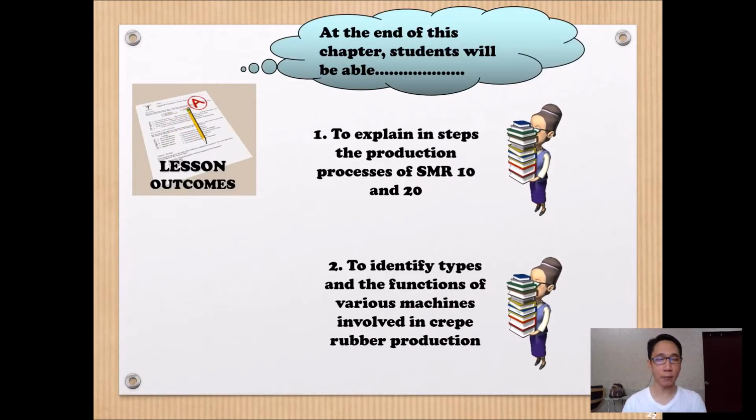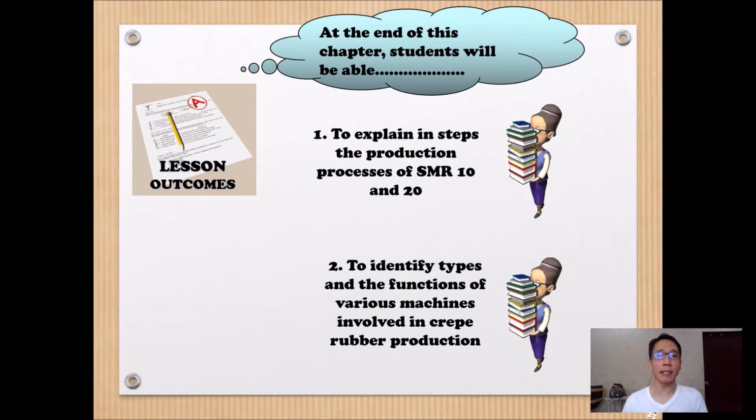So at the end of the chapter, you should be able to explain the step production process of SMR 10 and 20, and mainly in this chapter I will cover SMR 10 and 20, standard Malaysian rubber 10 and 20. The second lesson outcome is to identify the types and functions of various machines involved in crepe rubber production.